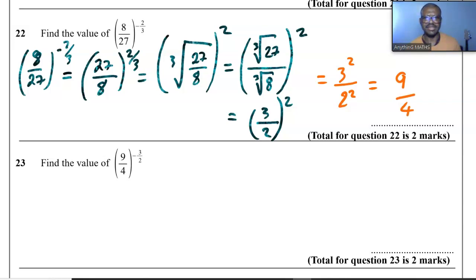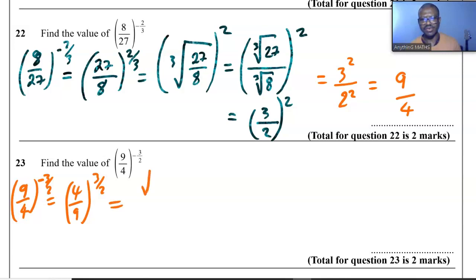Applying the same method, we're going to write 9 over 4 raised to the power of negative 3 over 2 as 4 over 9 raised to the power 3 over 2. And we can confidently write that the square root of 4 over the square root of 9 all raised to the power 3.